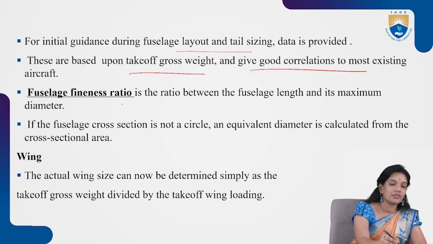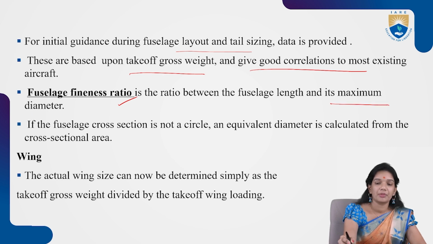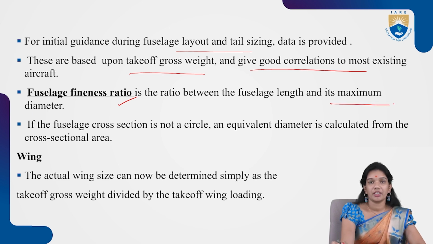Now the fuselage fineness ratio is a new terminology. The fineness ratio is the ratio between the fuselage length and its maximum diameter, right? So first of all, I need to estimate the fineness ratio of the fuselage. This is important when we are talking about commercial aircraft, where all we want to accommodate is the passengers, and there I would want to size the length and the diameter of it.